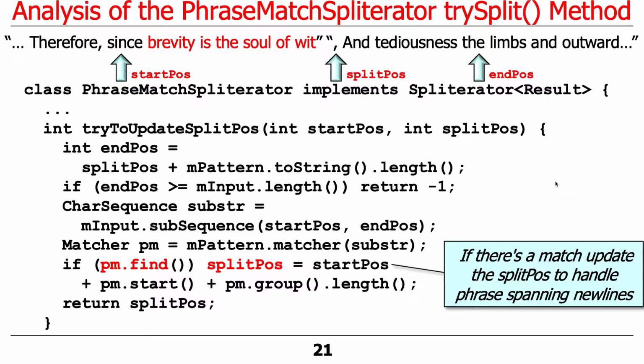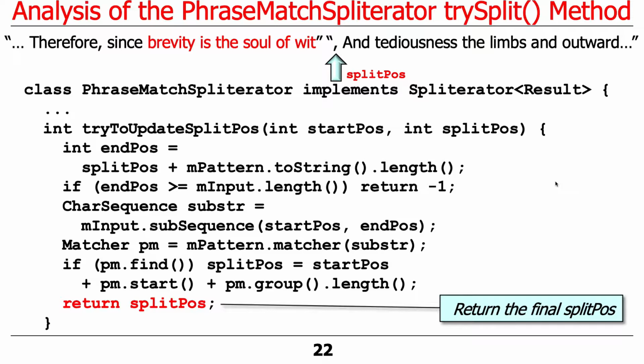So either we found a match and we have to readjust the split position, or we didn't find a match and there was no problem in the first place, so we can keep the original split position. In either case, we return the final split position, which has either been updated or not. For this particular case, we updated it, so we would not end up spanning across those boundaries.